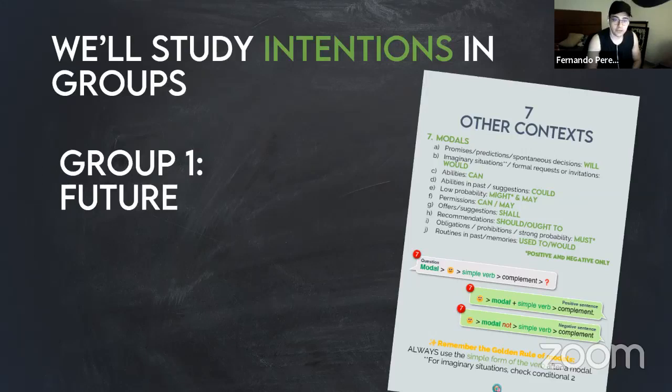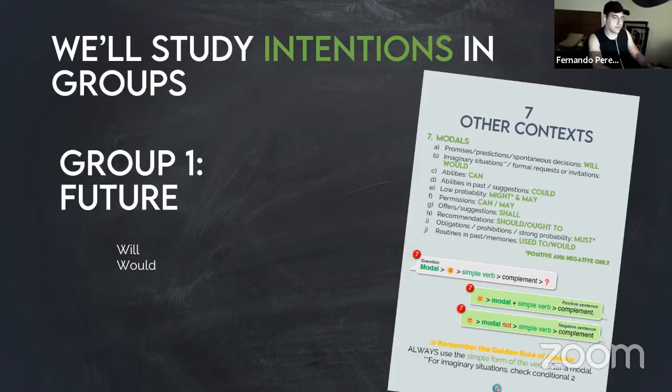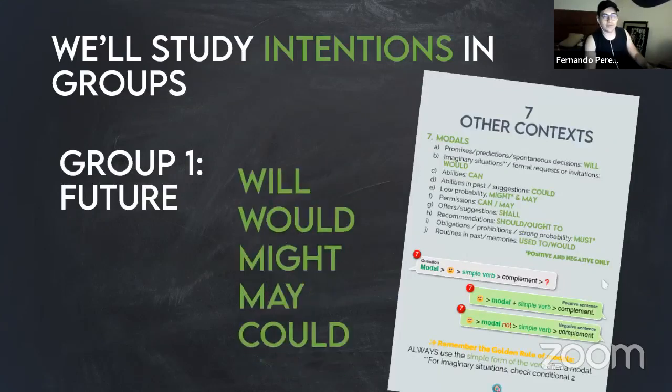If you want to talk about the future, you need will, would, might, may, and could. These are the modals for future.